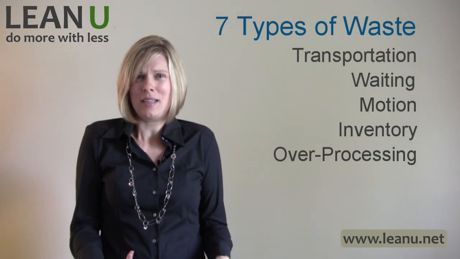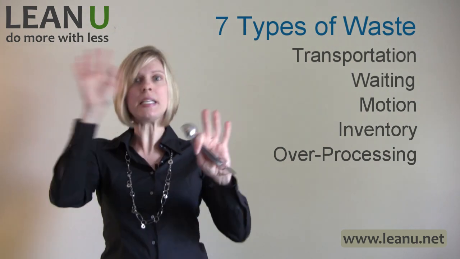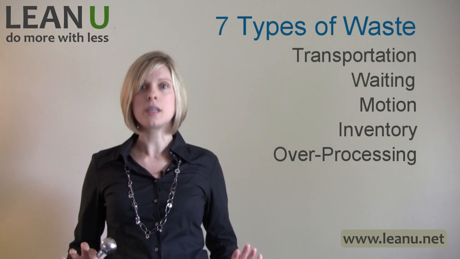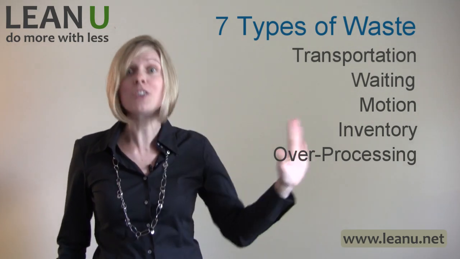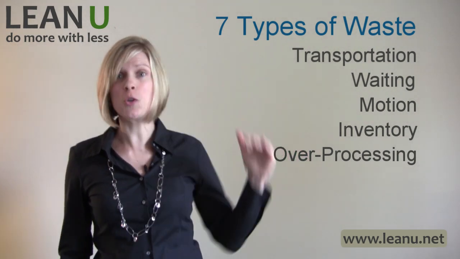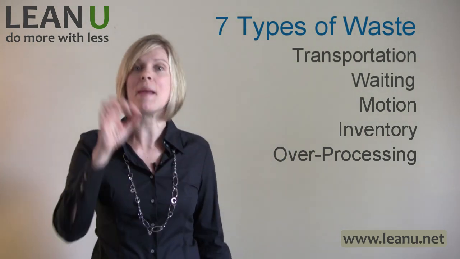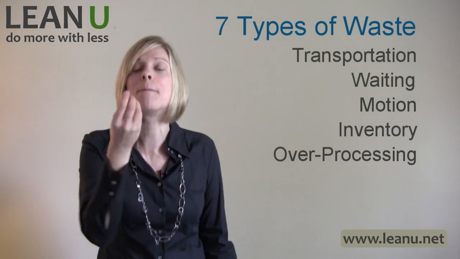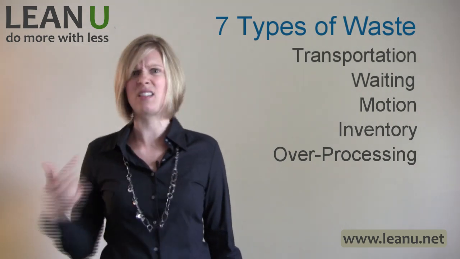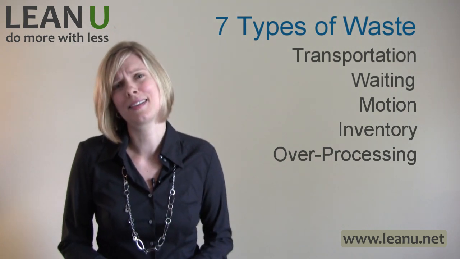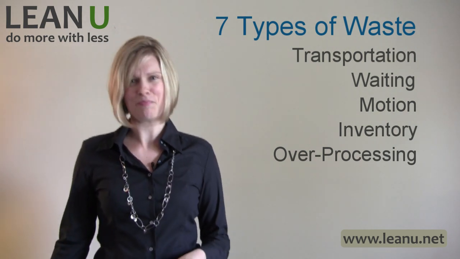Now, we are not saying just willy-nilly cut characteristics off of your product. Just the opposite. You want to talk to your customers and make sure you understand exactly what they want. And then that's what you give them every single time perfectly. But everything else that's not on the list, don't do it. Why waste your resources? So that's overprocessing.